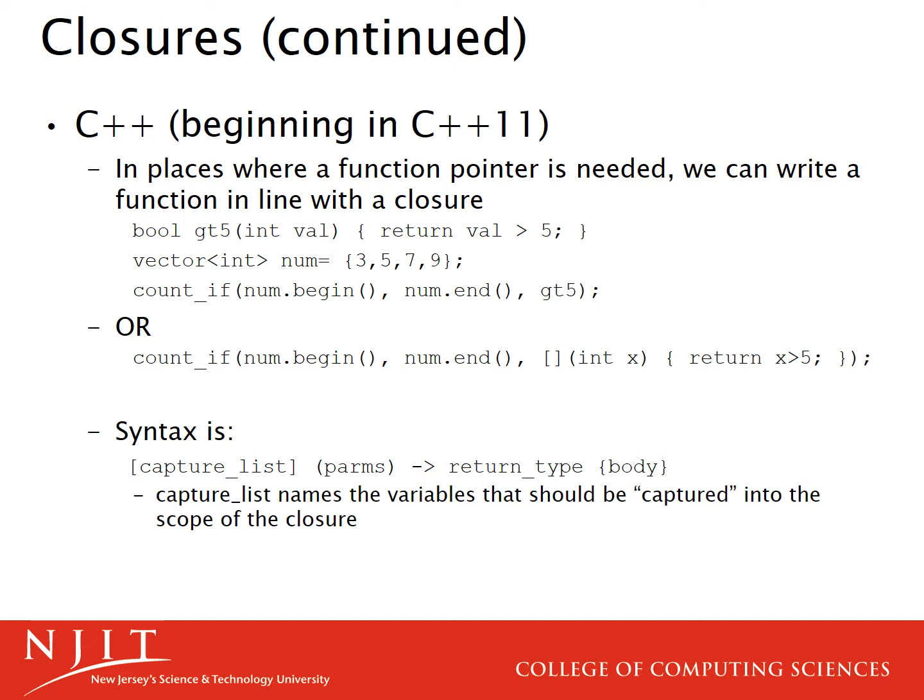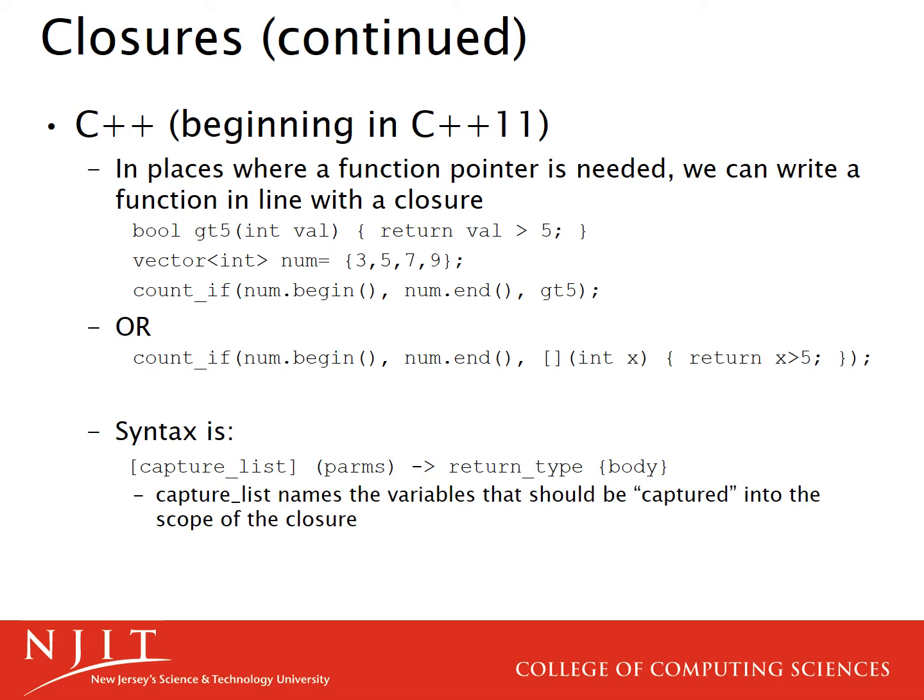It starts at the beginning, goes until the end, and calls GT5 on each entry in the vector. Or I can just create a closure. I can have square brackets, a function that takes an integer x, and the body of the code inside curly braces: return x greater than 5.